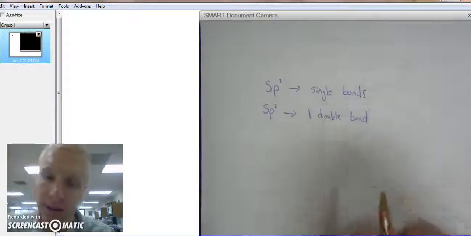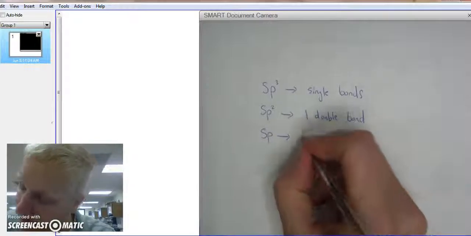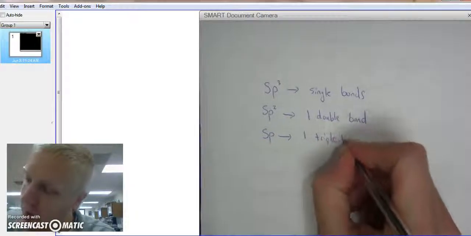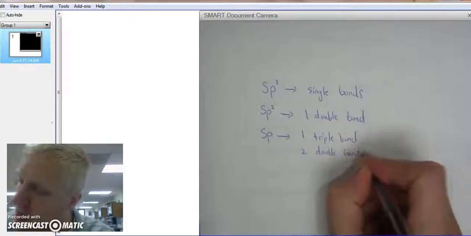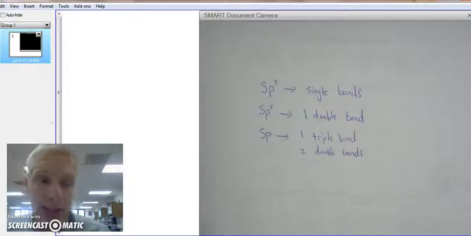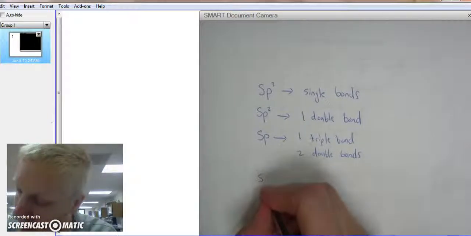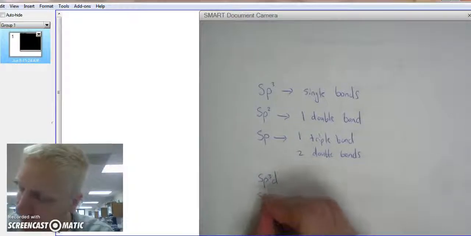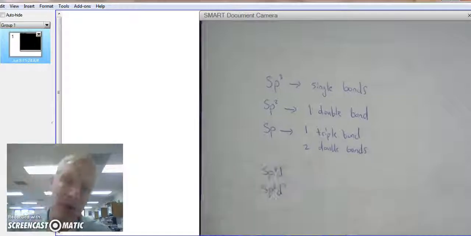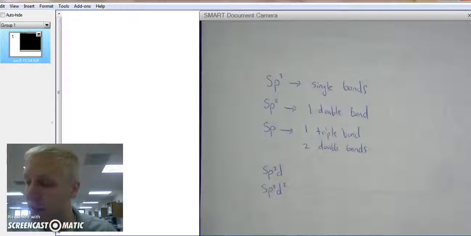If you have a double bond, you're going to see sp2 hybridization. Sp is either one triple bond or two double bonds. Then, when you get to expanding the octet, breaking the octet rule, you could have sp3d or sp3d2, and there are more beyond that, but those are all that we're going to focus on in this class.